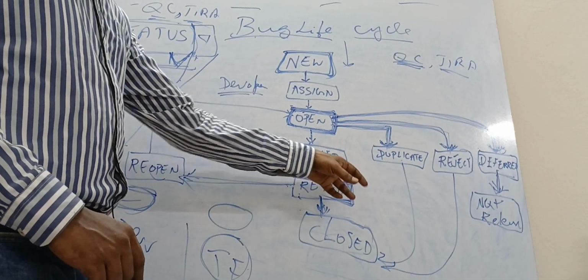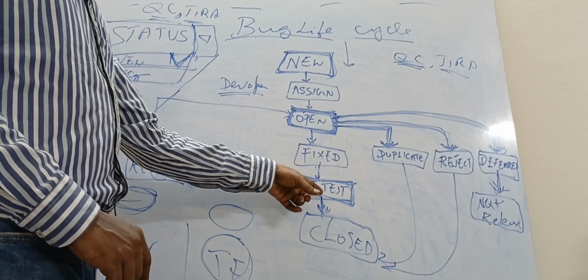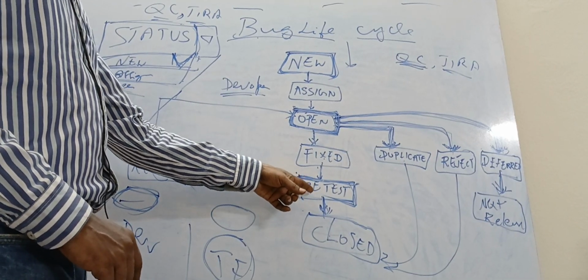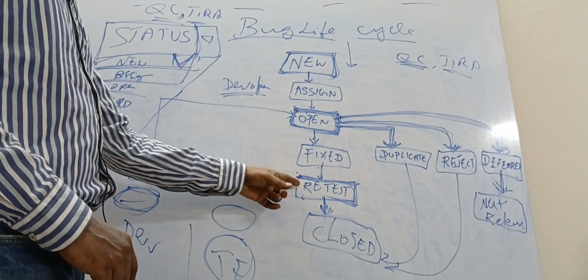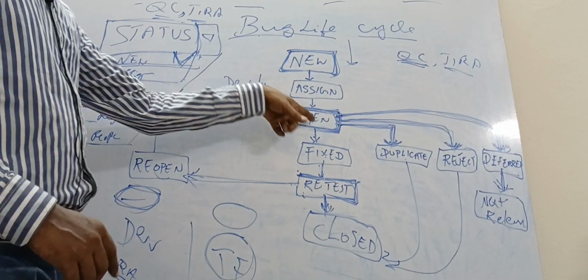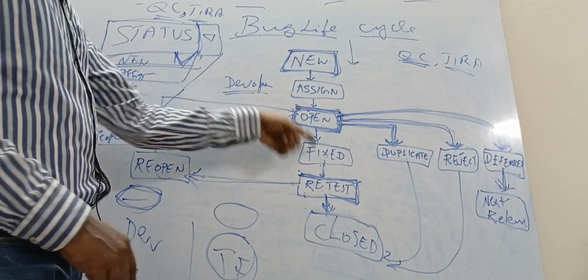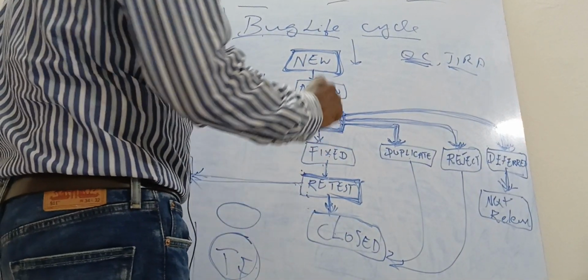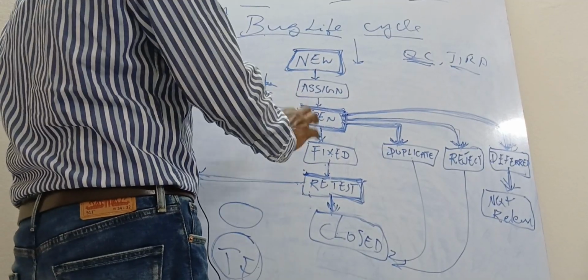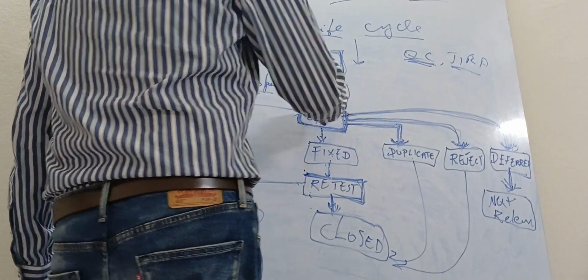While testers are testing this defect, if the defect has not been fixed correctly by the developer, then it will be in reopen. Reopen means the life cycle happens again, until the defect is closed. And another one is duplicate.